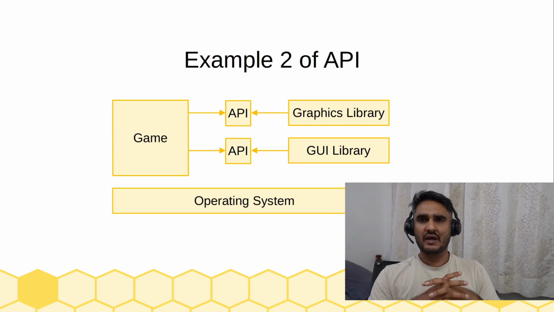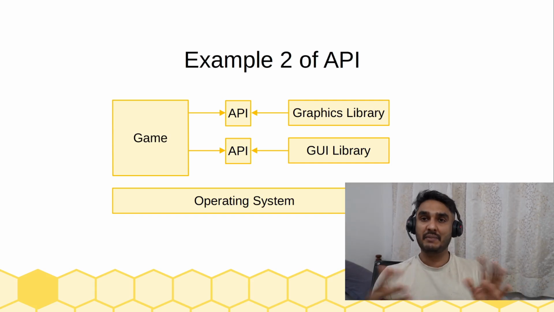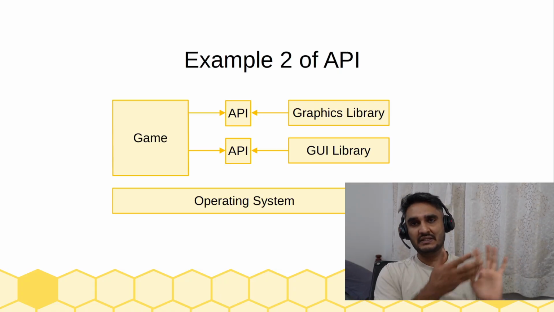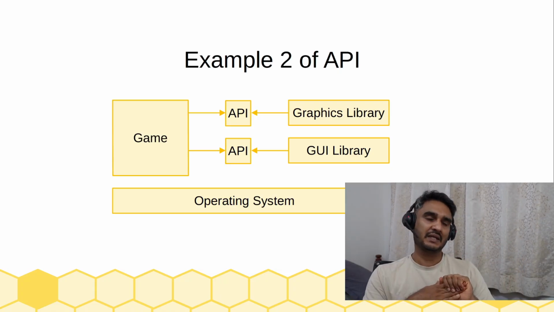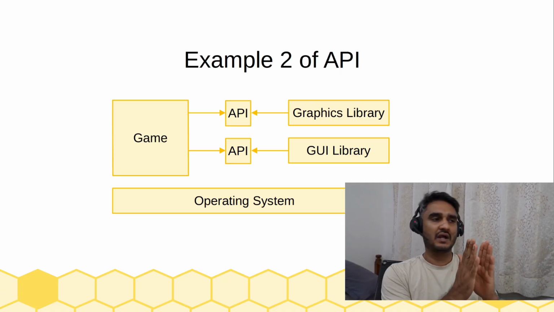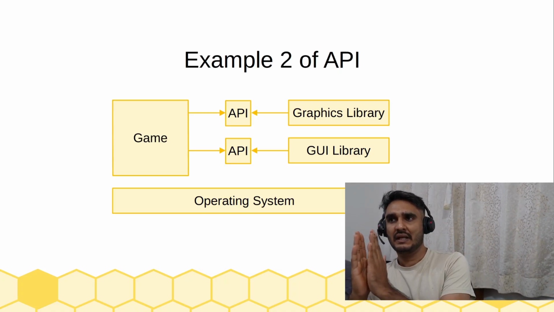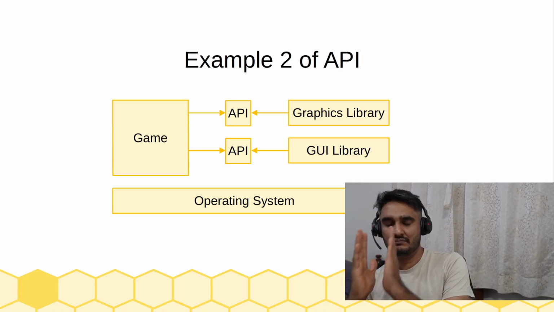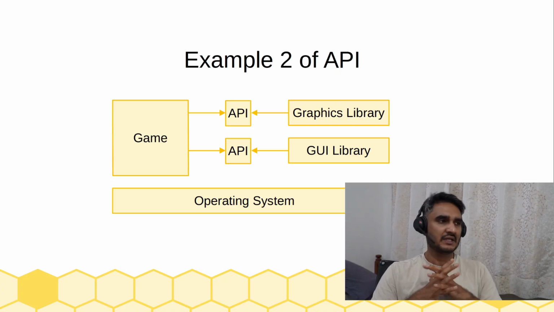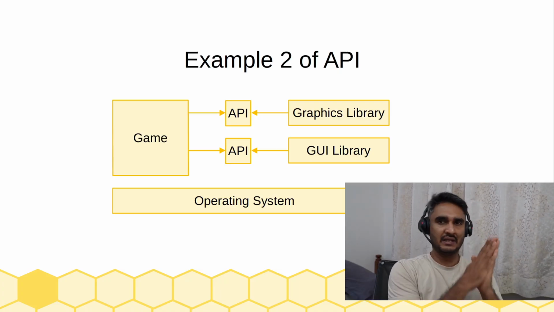Or it will be another binary also, where process-to-process communication can happen. This is also an API, right? A defined standard for how things will be provided and how they will be used. That is what an API essentially is.